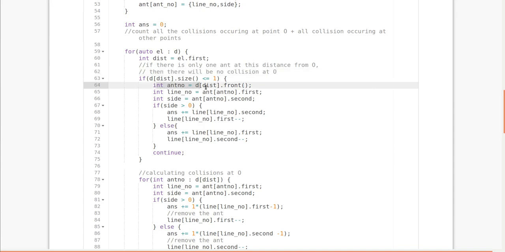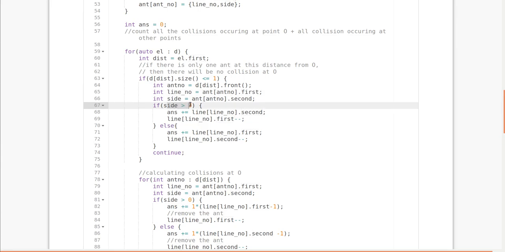So I gather the aunt number, like this is the only aunt, so I gather d of distance dot front. Then I gather the line number directly from this aunt's array, and the side, whether it is on the positive or negative side.